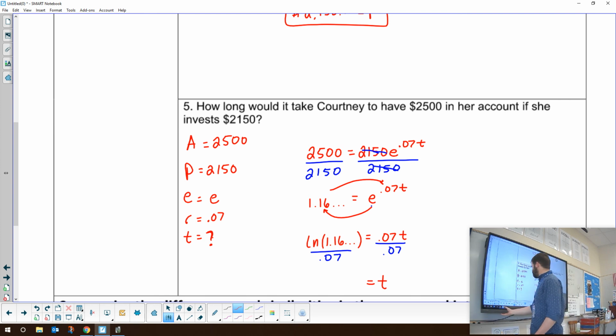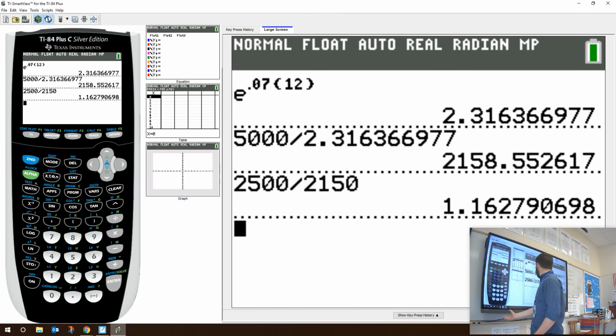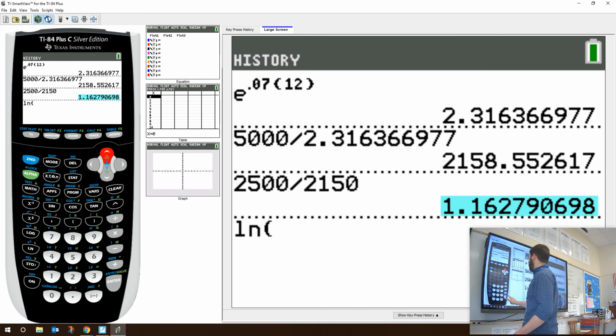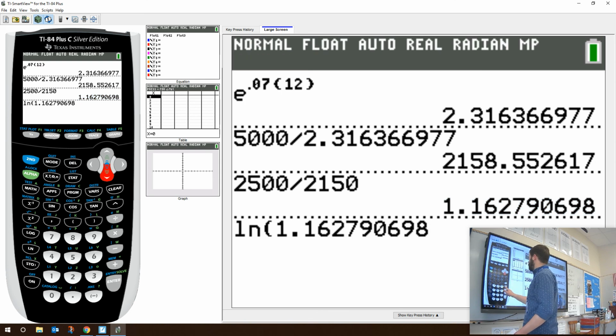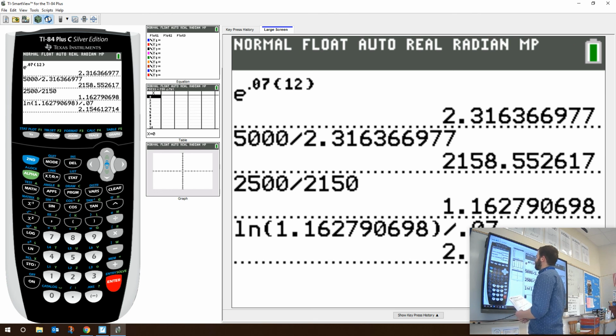So let's see here. Let's pull up our calculator, and let's go natural log of our last answer, okay, and all of this is going to be divided by 0.07, and that's going to give me 2.15 years.